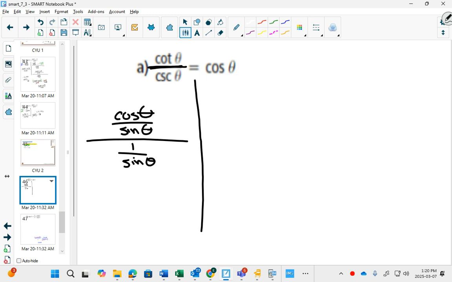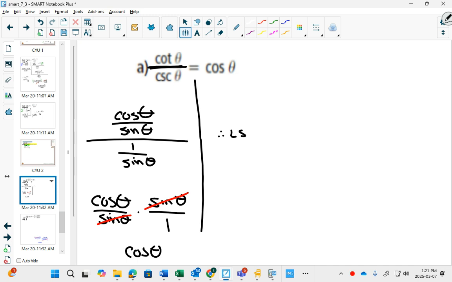I do have a single fraction on the top and a single fraction on the bottom. If you have a single fraction on the top and a single fraction on the bottom, you can multiply by the reciprocal. Top fraction stays the same, the bottom fraction flips. And in this case now, we're multiplying. And these things are identical.